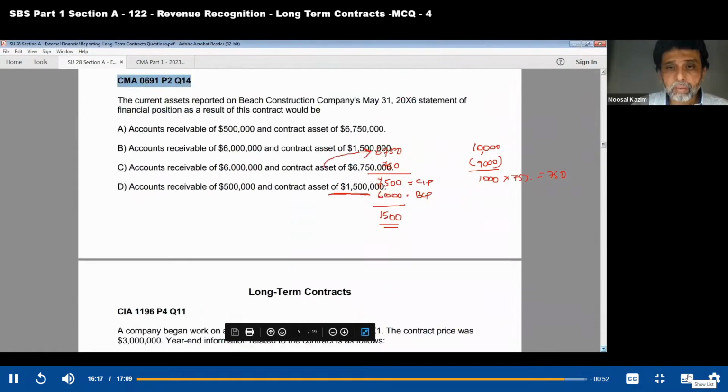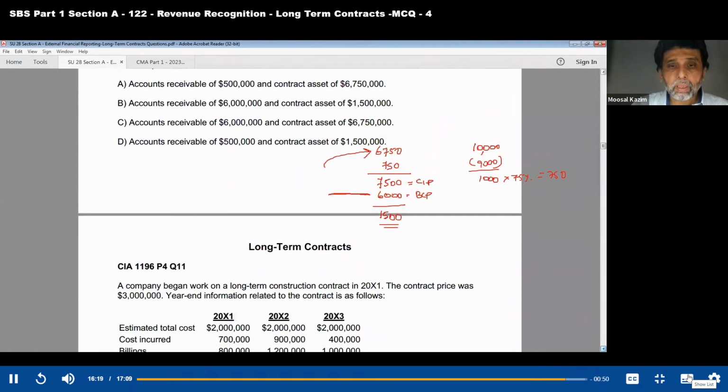So the answer would be D, which we already did without the calculator even, without even calculating. So the contract asset, sometimes called the inventory account, is 1,500 and accounts receivable 500,000.